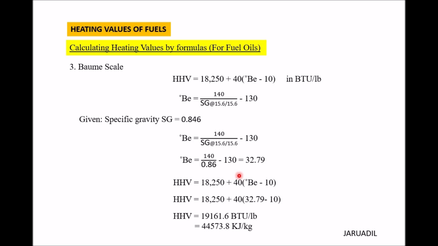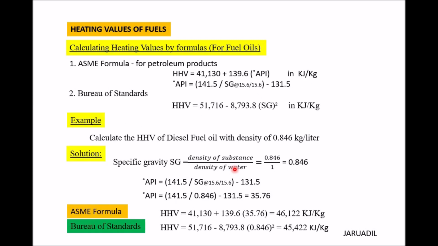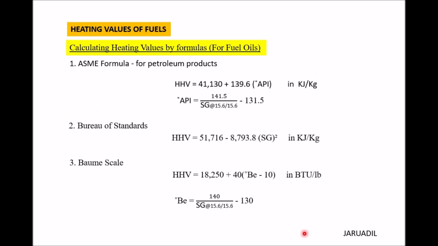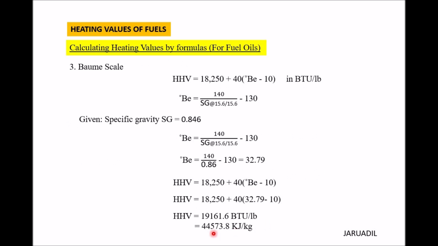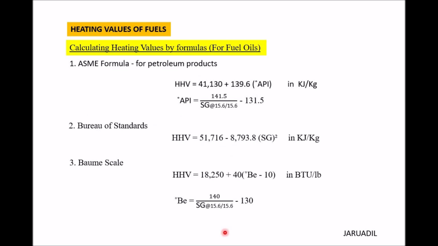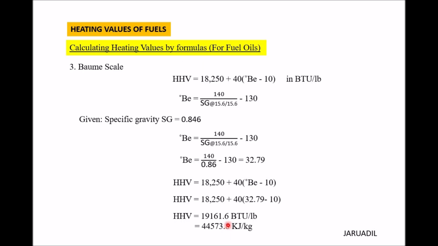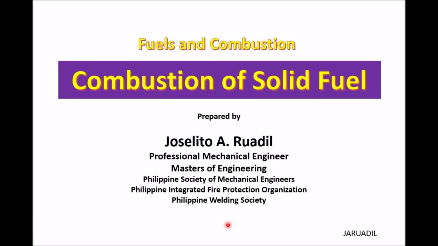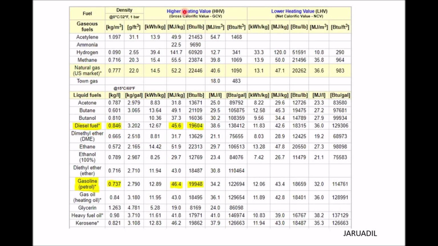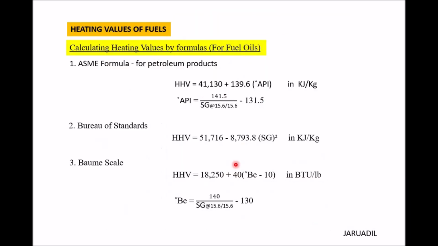If we compare that to the previous example, we have 46,122, 45,422, and now we get 44,573.8. So there are discrepancies, and according to the higher heating value given in this table, that is 45,600 kilojoules per kilogram.